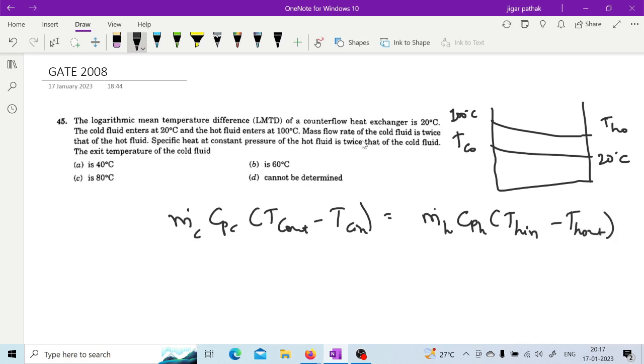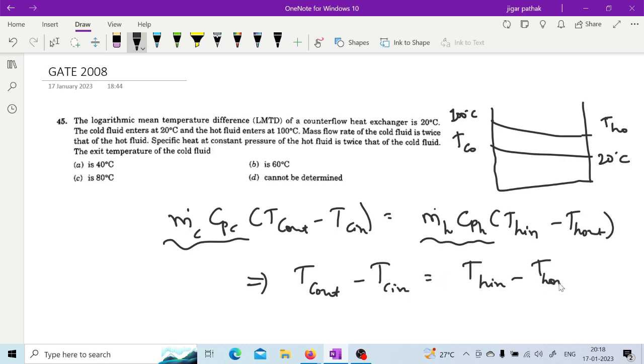Here what is mentioned is the mass flow rate of the cold fluid is twice that of the hot fluid, and the specific heat at constant pressure of the hot fluid is twice that of the cold fluid. So if you put both these conditions, then MC CPC will be equal to MH CPH, right? So basically again you will have TC out minus TC in is equal to TH in minus TH out.